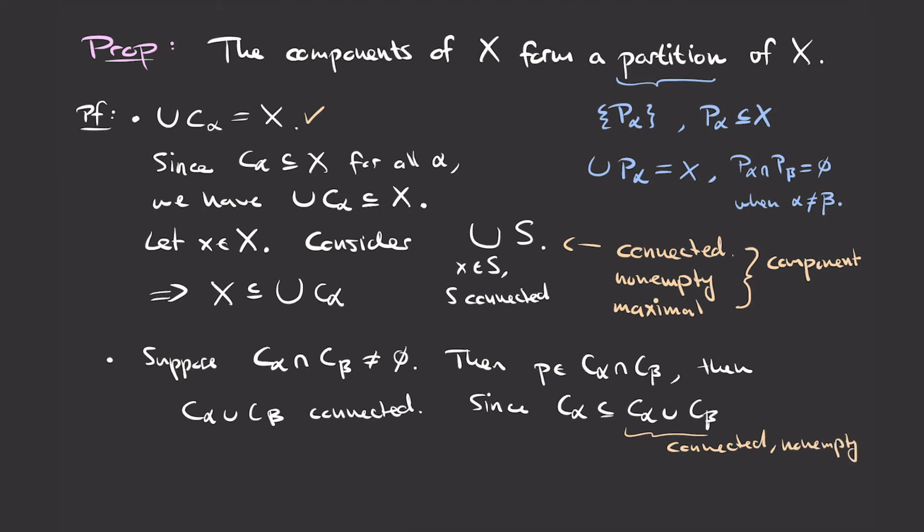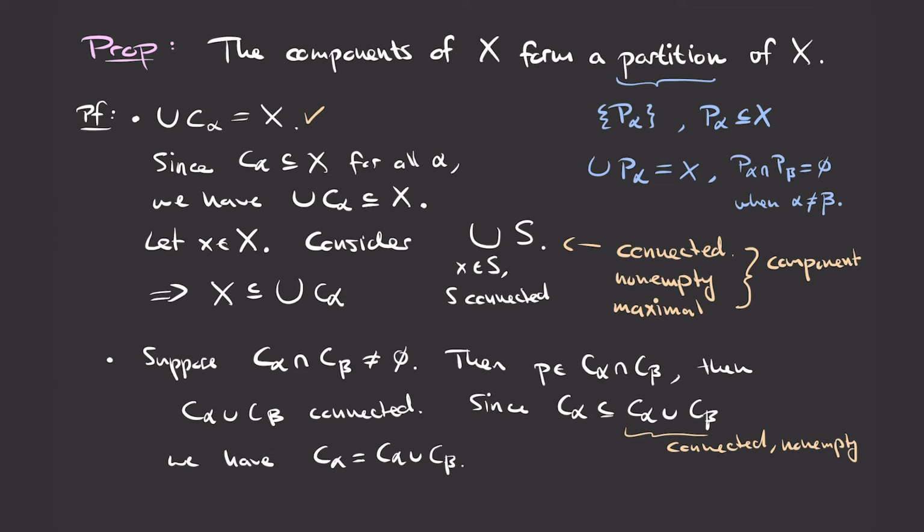And now by maximality, we know that C alpha can't be a proper subset of this union, because otherwise C alpha would not be a maximal connected non-empty subset. So we must have that C alpha is actually equal to this union, otherwise we would violate this assumption that C alpha is maximal.